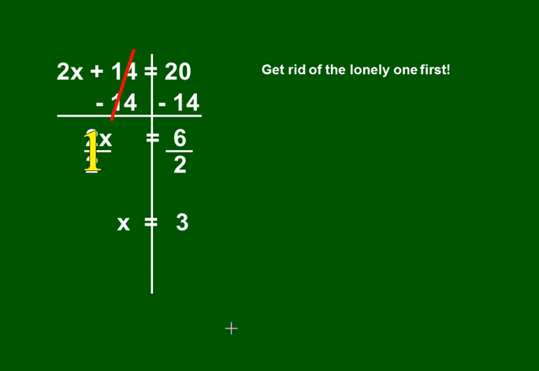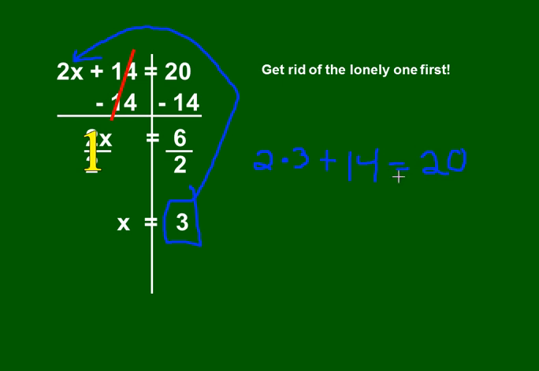If we needed to check this, then we would take this 3 and plug it into the original equation for x to look like this. 2 times 3 plus 14 equals 20.